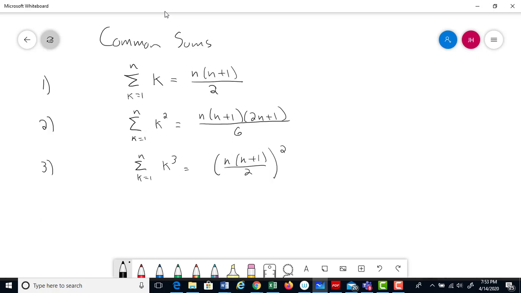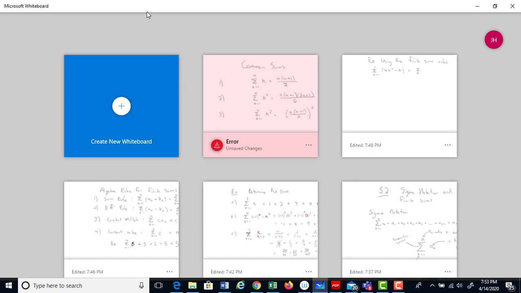So let's go back to our problem, because what I wanted to do is use the algebra rules along with these common finite sums to find the summation of these things. So let's back out of here and go back to this.